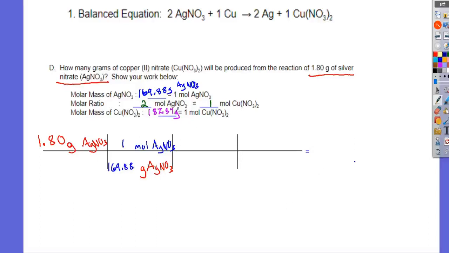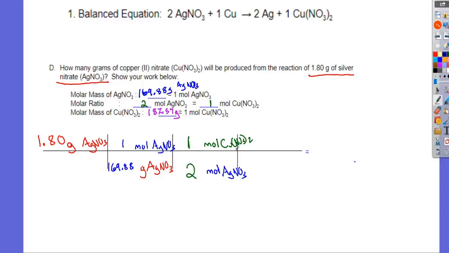Now, without looking anywhere, I can see I've got moles of AgNO3 up here, so I'm going to get rid of that by putting it on the bottom. Now, looking at my equivalency statements, moles of silver nitrate are equal to moles of copper nitrate. I have 1 mole of copper nitrate for every 2 moles of silver nitrate.